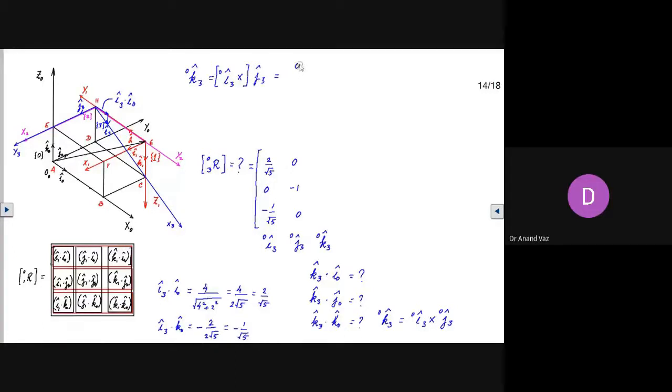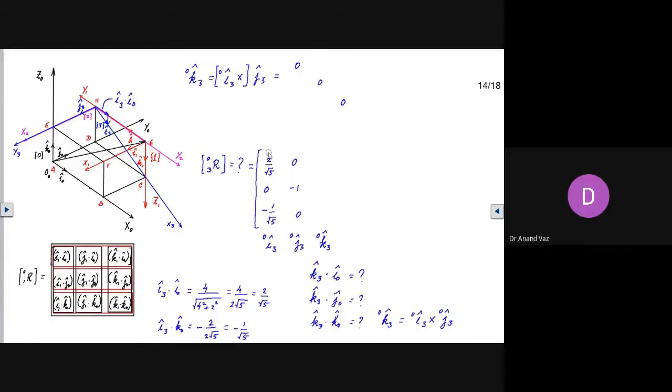So 0, then we'll have 0 here and 0 here. Here you have minus the Z component, this is the Z component of I, because we are constructing an I cross.